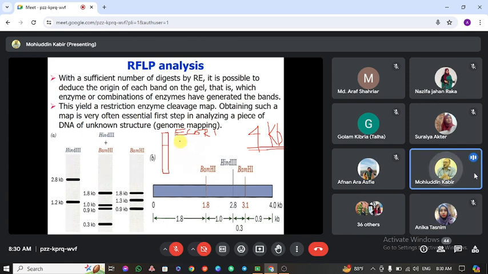Then we digest with, let's say, HindII or HindI. After gel electrophoresis, we get the same result. That means these sites are not present. So we need to digest with different enzymes.